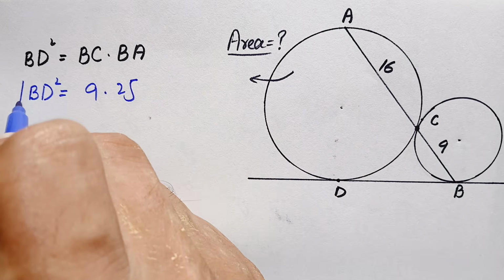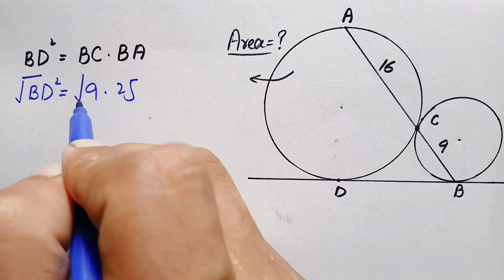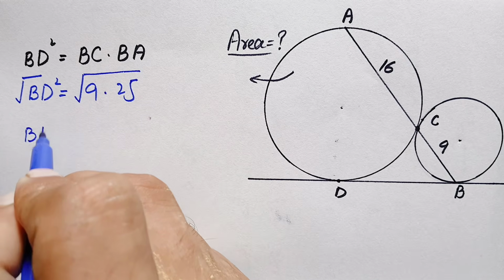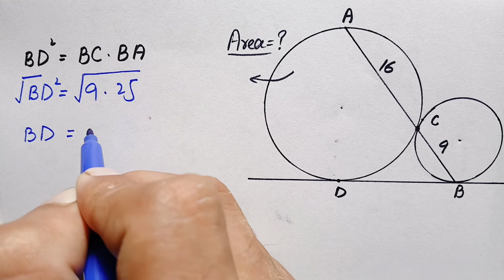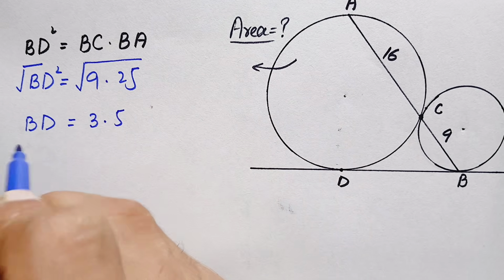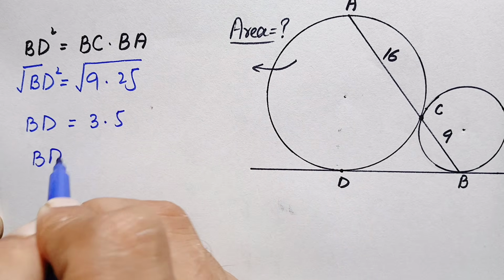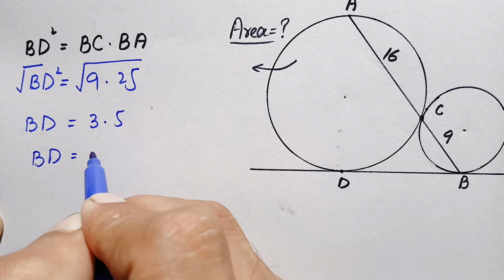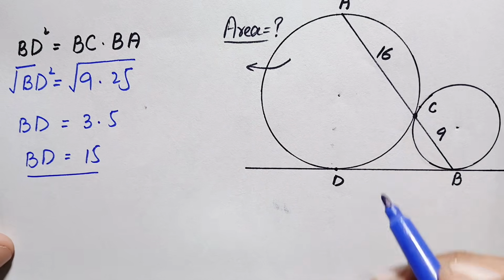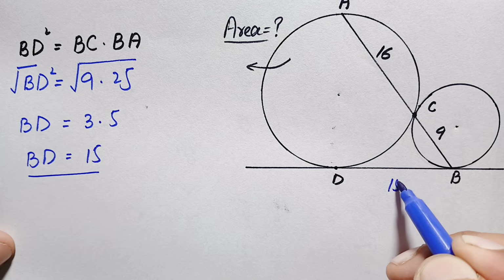Here we take the square root on both sides. So BD is equal to the square root of 9, which is 3, times the square root of 25, which is 5. So the value of BD is 3 times 5, which is 15. So this is the length of BD, and BD is 15 units.